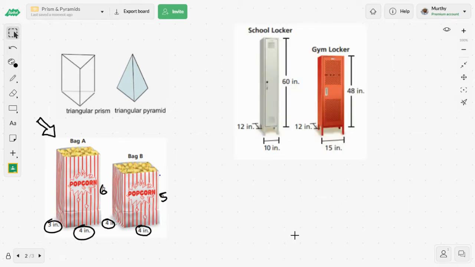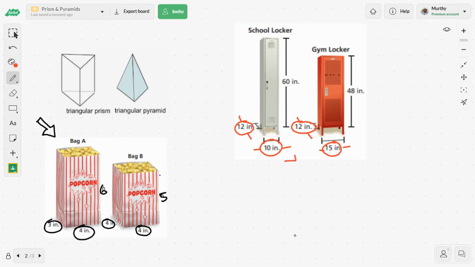Say another example. If you notice carefully, the school lockers are tall towers, and the gym lockers are wider, right? So let's look at the example given in this diagram. The school locker is 12 inches long and 10 inches wide. And the gym locker is 12 inches long and 15 inches wide.